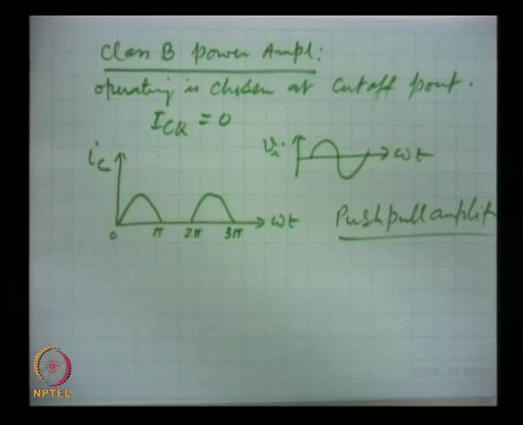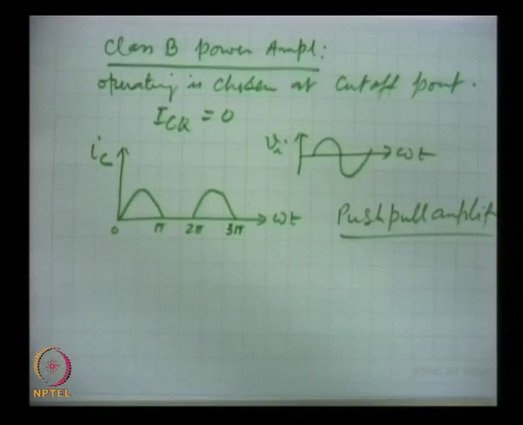You may ask, what is so good about class B amplifier, that this is highly distorted, and to compensate it we have to use two transistors in a special arrangement known as push-pull amplifier. The reason is the much higher efficiency of class B amplifiers. The efficiency in the class A amplifier is 25%, meaning if we want 10 watts of output power in the class A amplifier, we will have to provide 40 watts DC power.